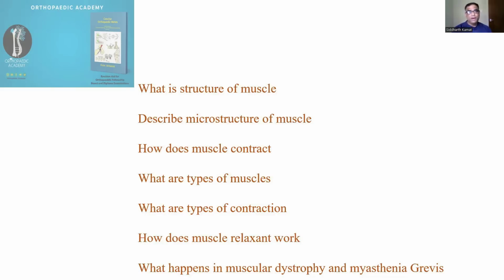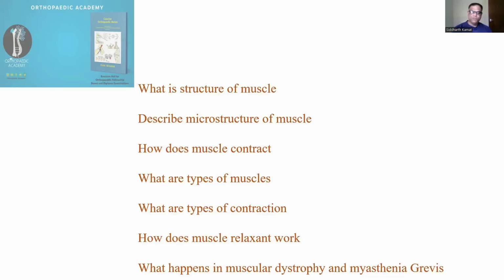They can be depolarizing agents like succinylcholine, which acts as a partial agonist to acetylcholine, or non-depolarizing agents like atracurium, which is a competitive inhibitor and blocks the acetylcholine by blocking the receptor.